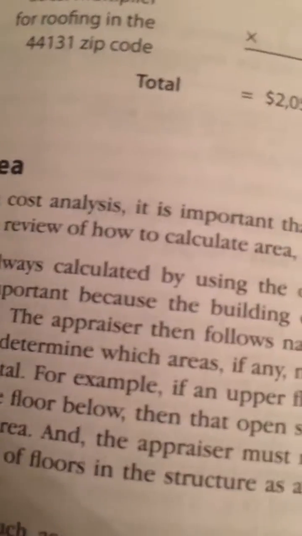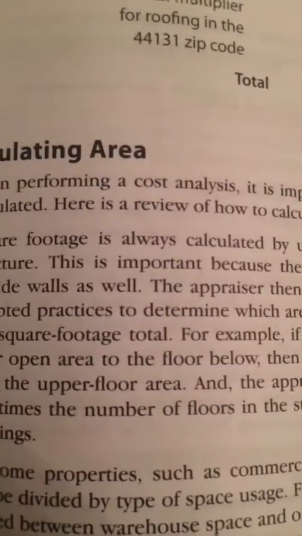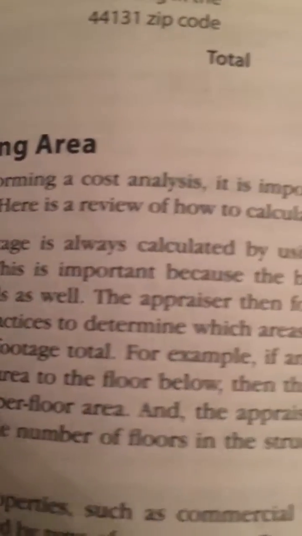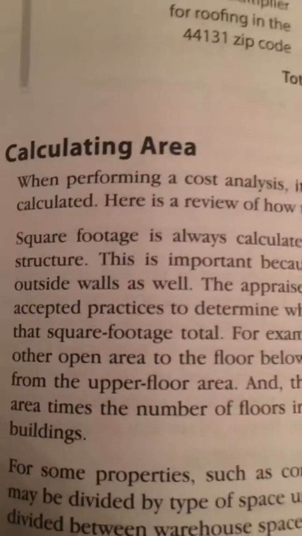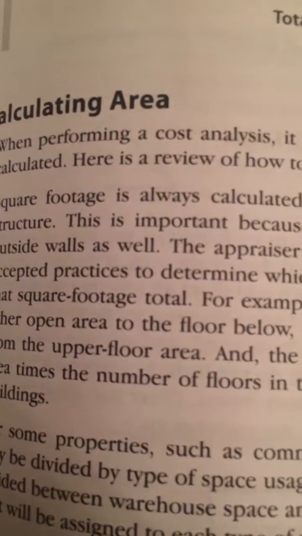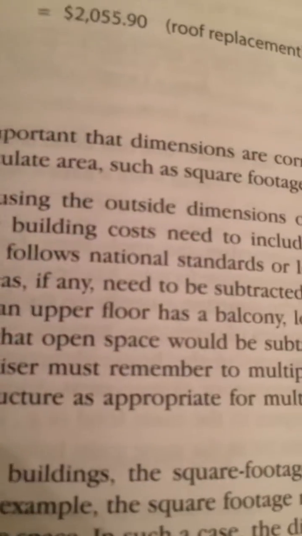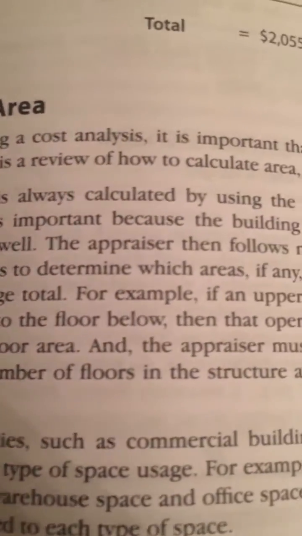Calculating area. When performing a cost analysis, it is important that dimensions are correctly calculated. Here is a review of how to calculate area, such as square footage. Square footage is always calculated by using the outside dimensions of the structure. This is important because the building costs need to include the outside walls as well.